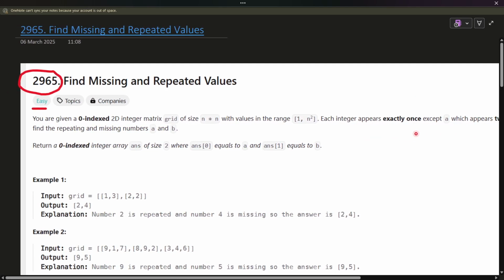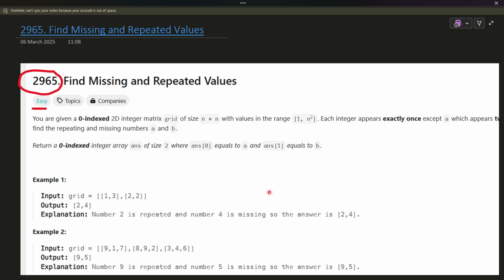The task is to find the repeating and missing numbers a and b. So we are given a 2D matrix in which the numbers are from 1 to n squared, and we need to find the repeating value and the missing number.